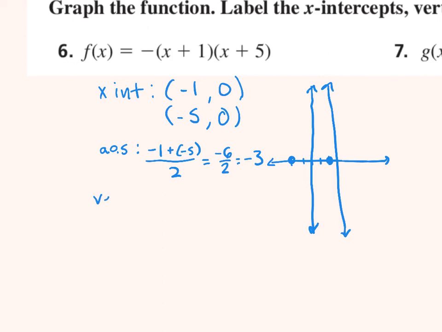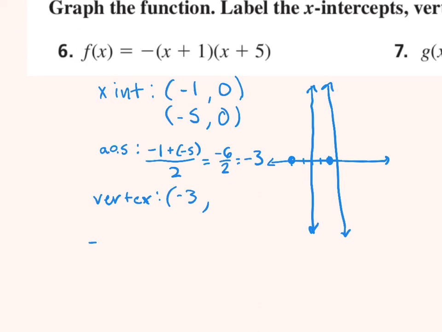So what is our first value in our vertex? Negative 3. It's the same as our axis of symmetry, always. And how do we find our second value? We plug in the negative 3.